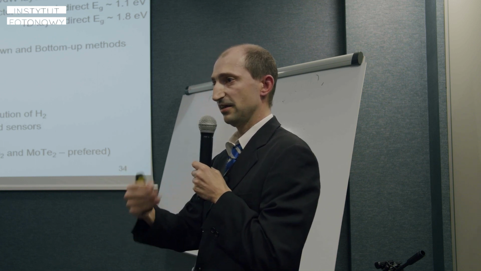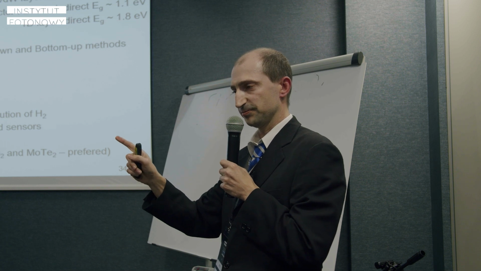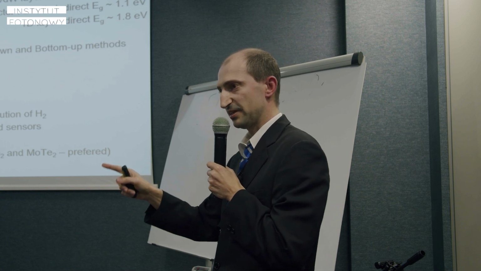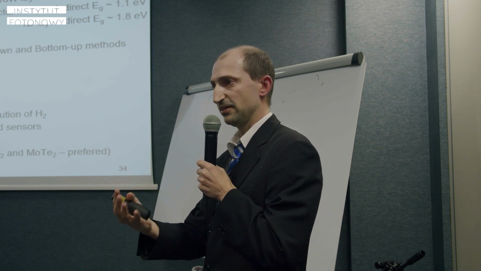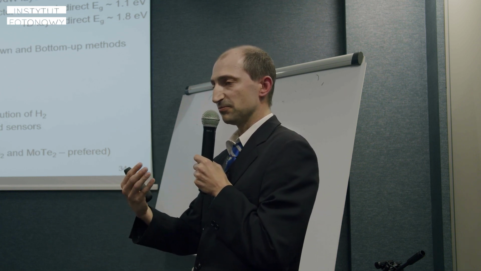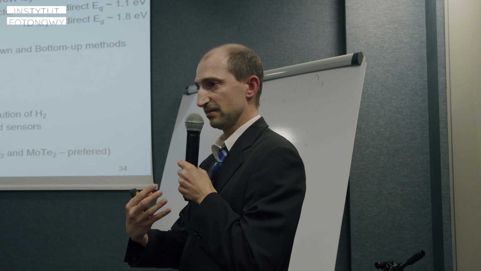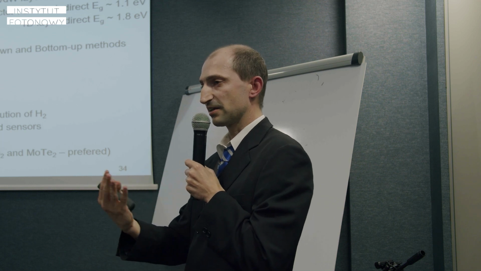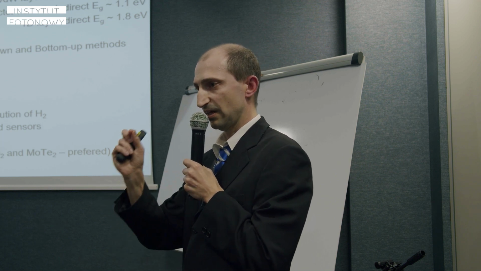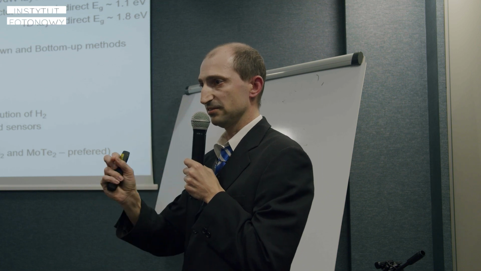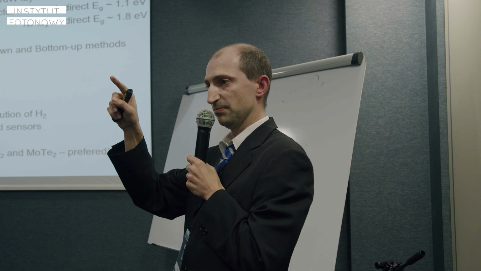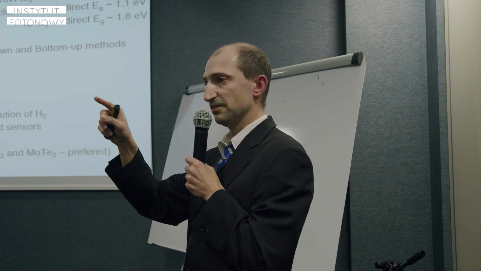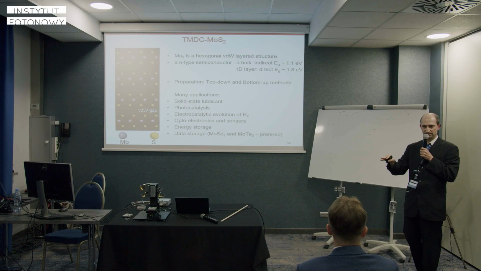And since the cancer cell usually takes lots of energy from the body, the molybdenum disulfide accumulates in the cancer cells. And if you illuminate this part, then you will increase the temperature significantly, by about 15 to 20 degrees, and the cancer cells will die.